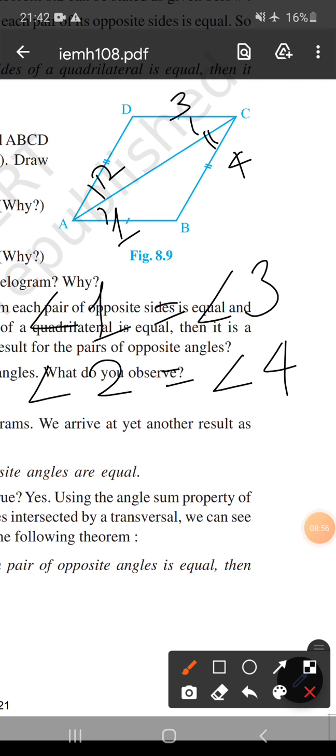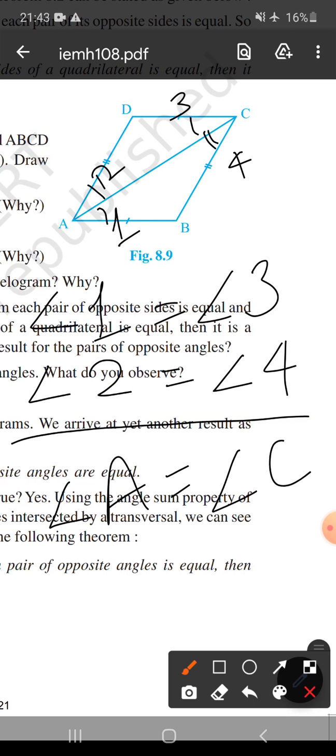Now if we add these two things, angle 1 plus angle 2 will give angle A, that will be equal to the sum of angle 3 and angle 4, that is angle C. So opposite angles in a parallelogram are equal.